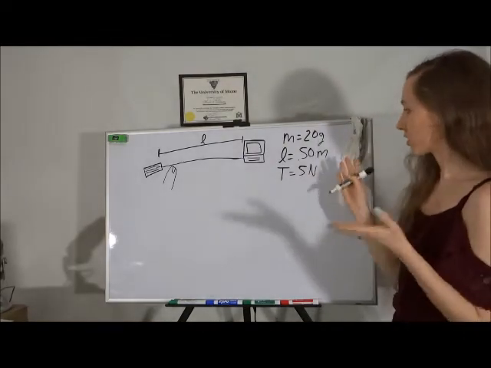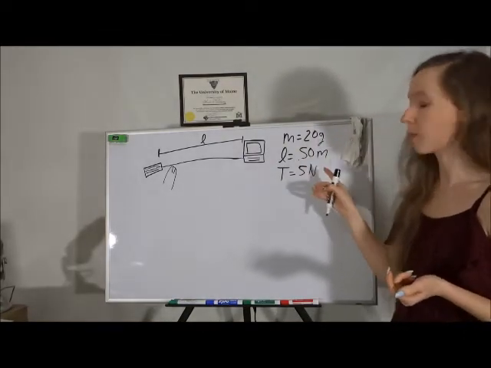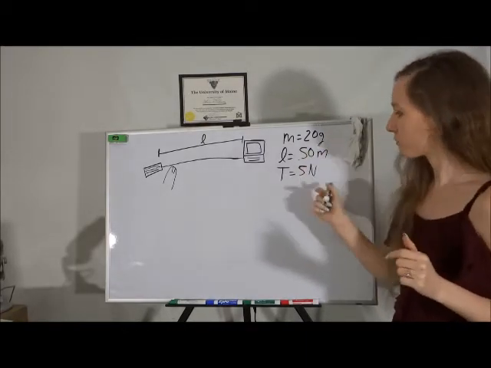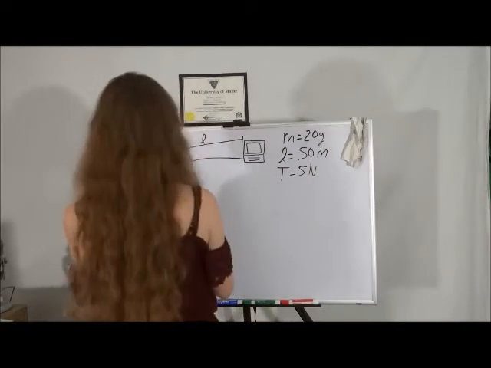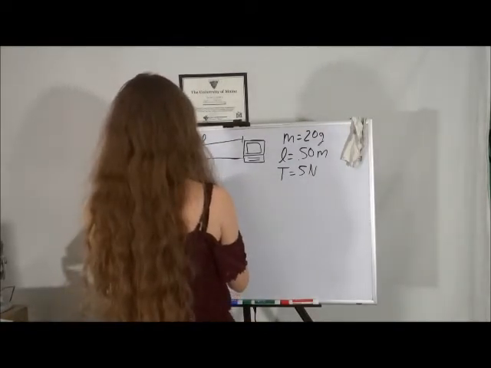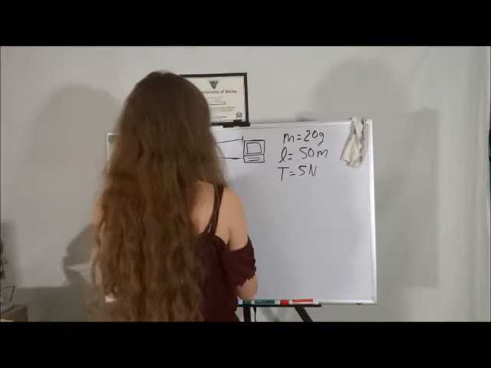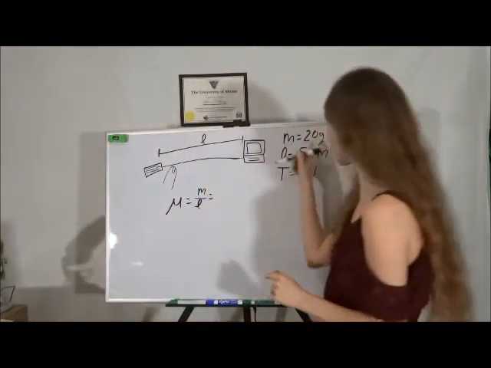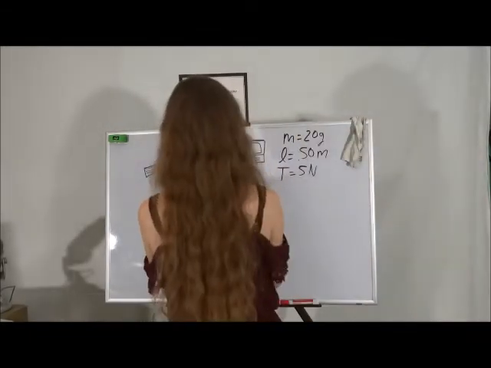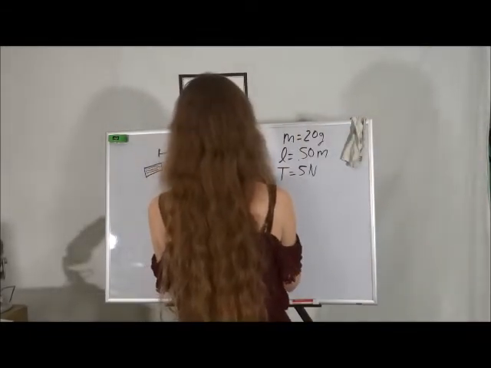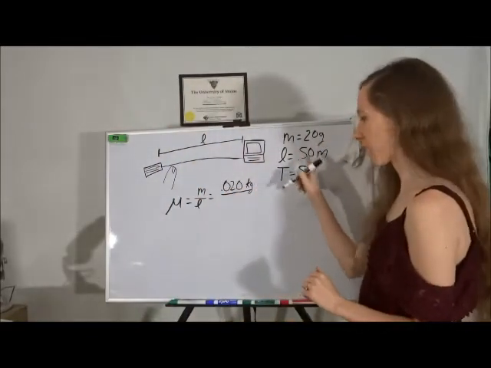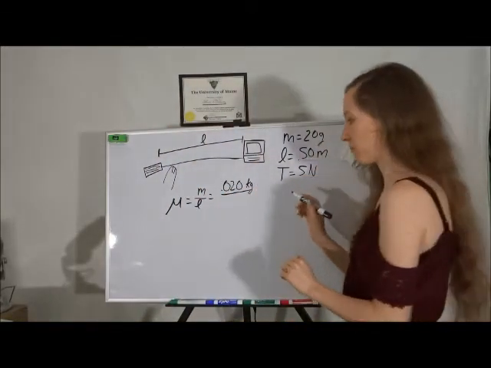To figure this out, we're just going to need to first find our linear mass density, and then we're going to go to our speed equation. So our linear mass density is just mu equals m over L, where our mass, this is in grams, we're going to convert to kilograms, so that's going to be 0.020 kilograms. And we're going to divide that by our length, which is already in meters for us, so 0.5 meters.